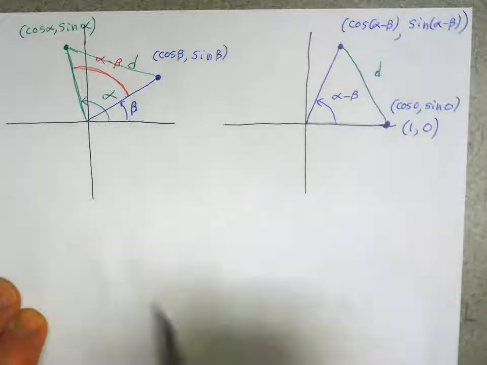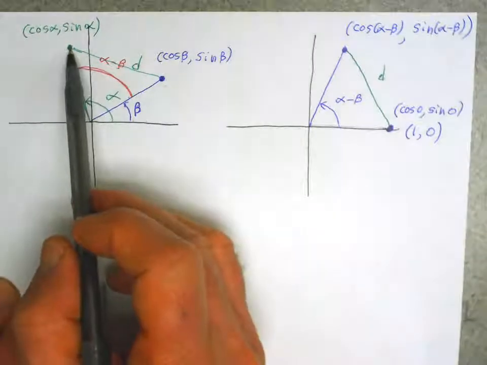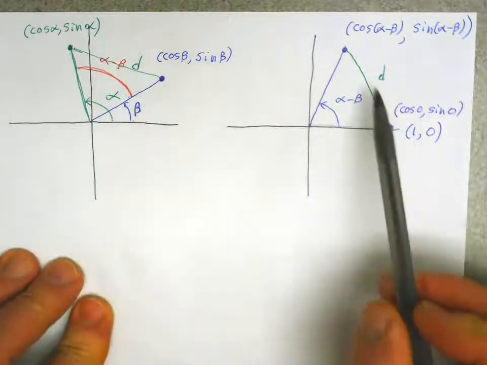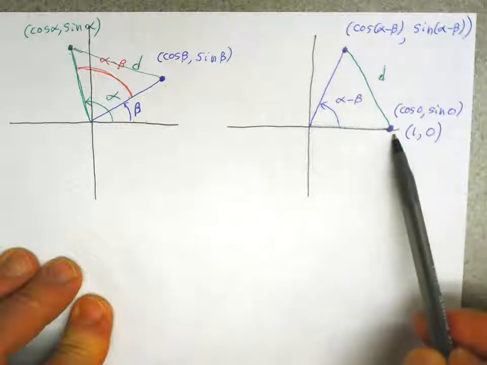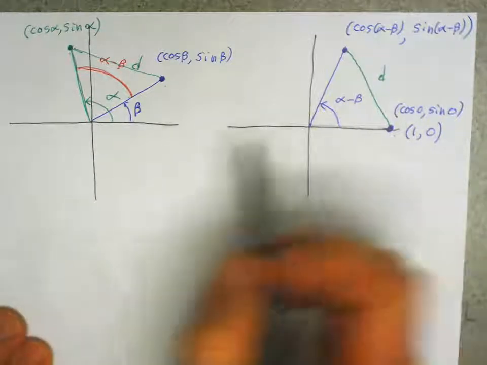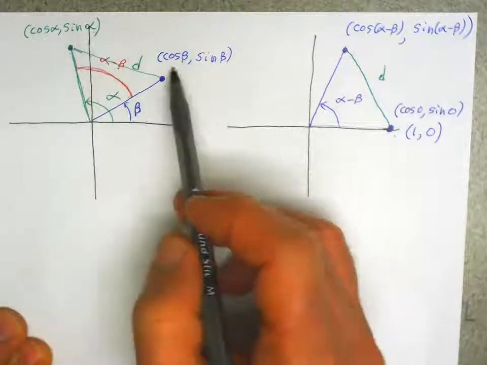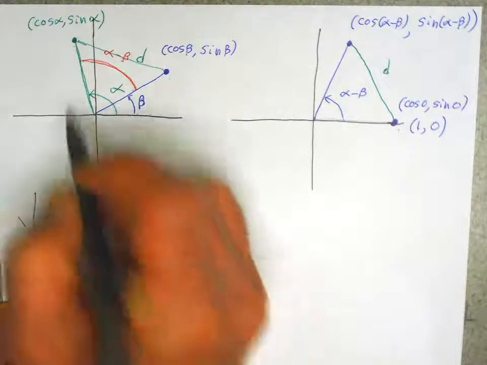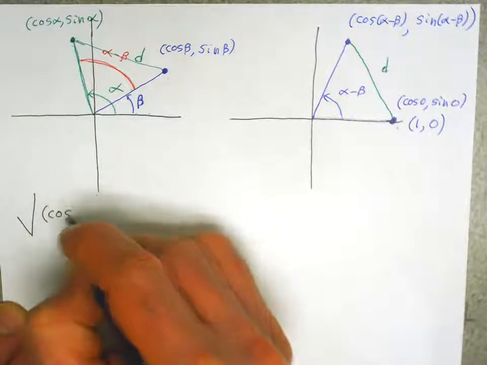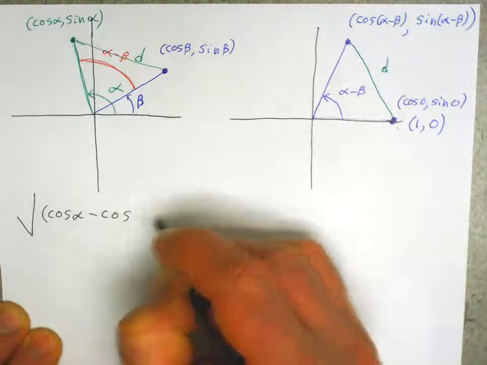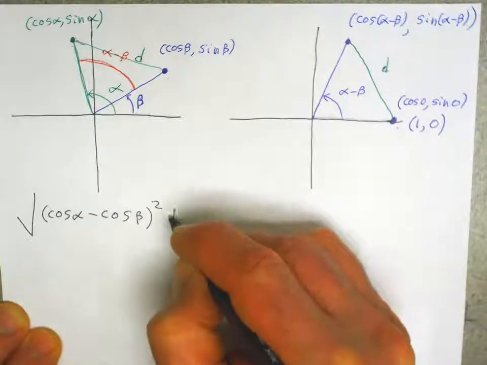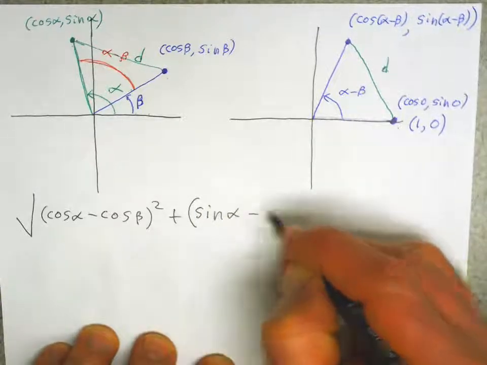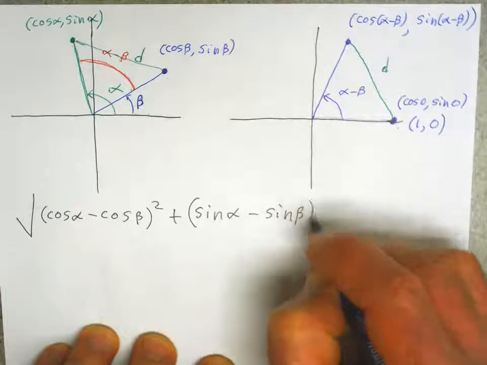Okay, so what we do is we apply the distance formula to find the distance between these 2 points, and use the distance formula to find the distance between those 2 points, and the distances are equal. So remember the distance formula from basic algebra. Here we have the square root of the quantity cosine of alpha minus cosine of beta squared plus the quantity sine of alpha minus sine of beta squared.